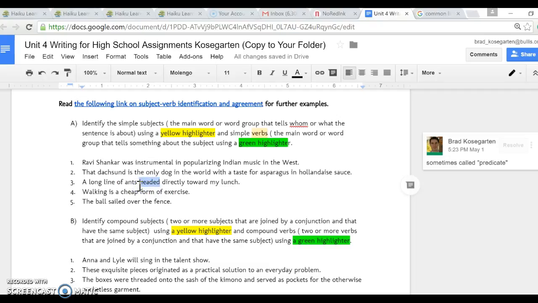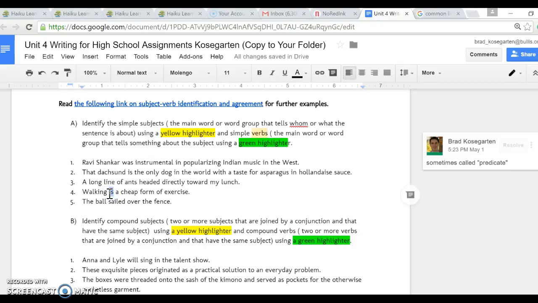And there is no direct object here. Directly is an adverb. Toward is a preposition. Walking is a verbal. We'll talk about that later, but it's a noun that looks like a verb.